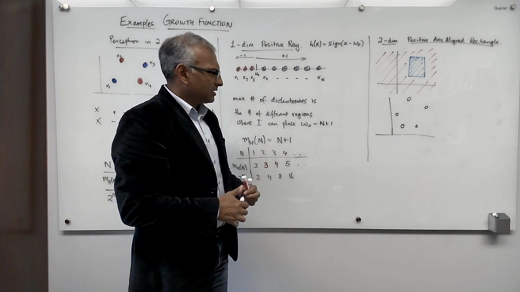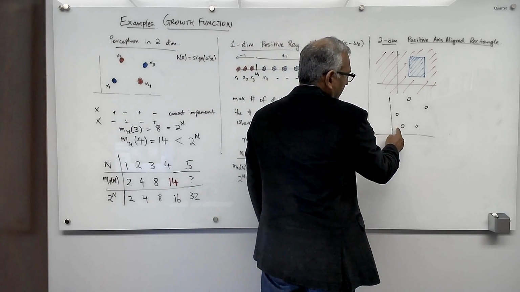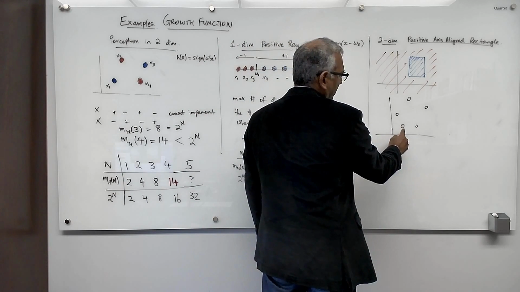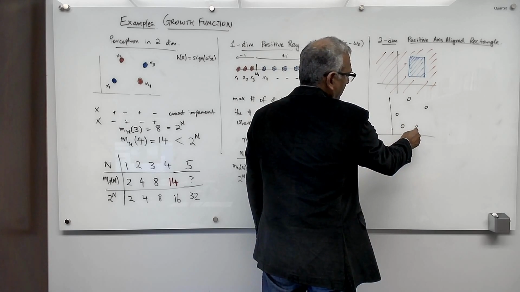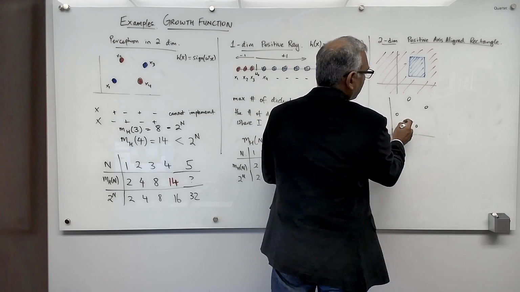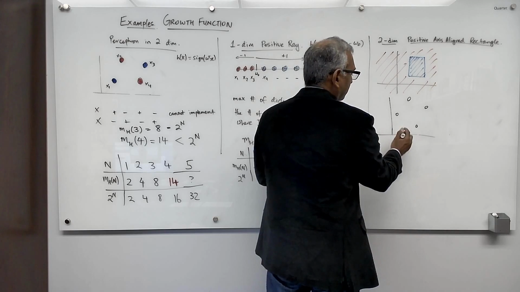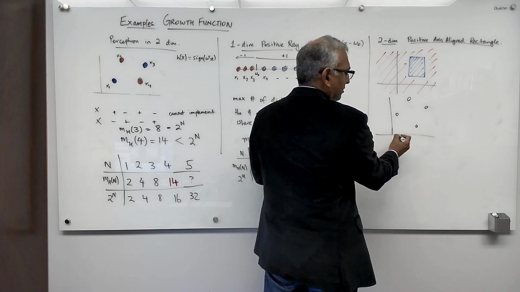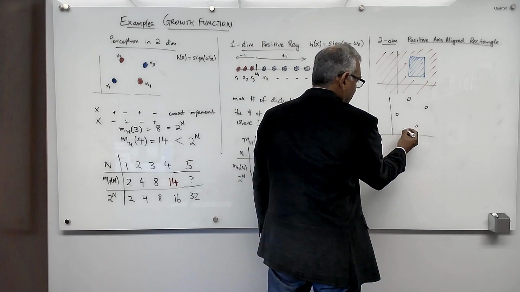Because it's outside, where did I put it? Did I put it below this point or above this point? Let's imagine that it's below this point. It could be above, and the argument is exactly the same. So you might figure out what the argument is going to be if it's above this point, but let's say it's below this point.